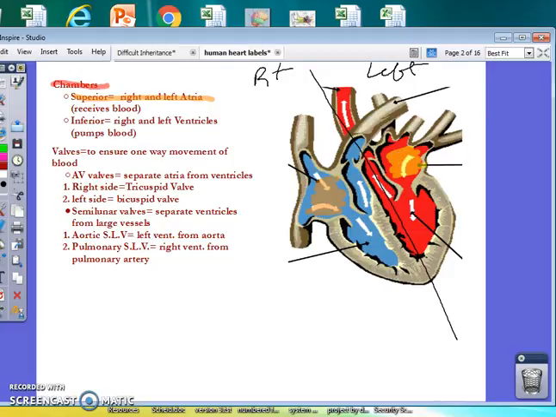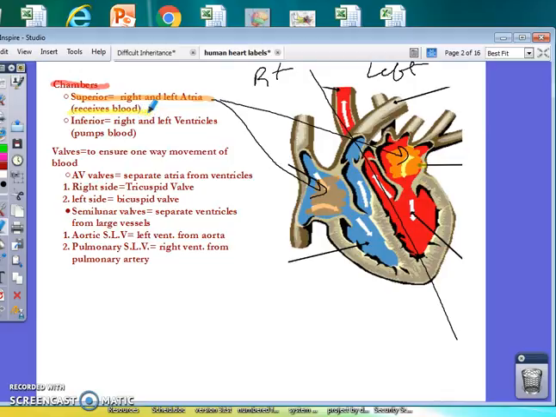So if I were to draw a line from there to there, that's one atria, that's another, and because one is on the right side, that is the right atria with the blue, and the one on the left with the red is called the left atria. If we were talking about them singly, each one is an atrium. But the key thing is that they are the chambers that receive the blood.